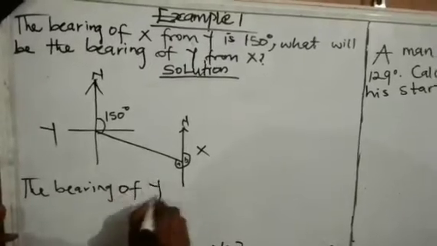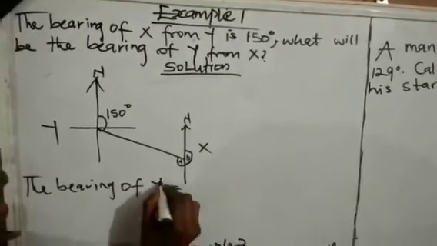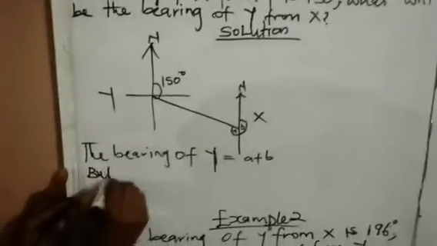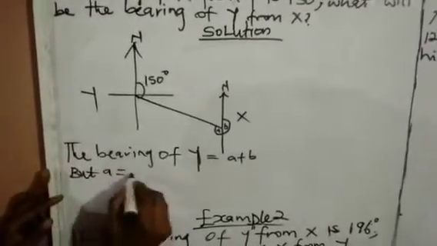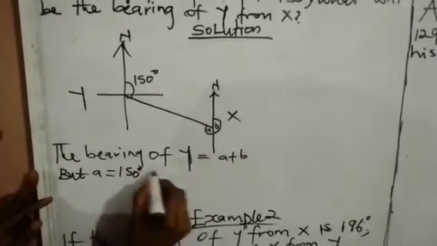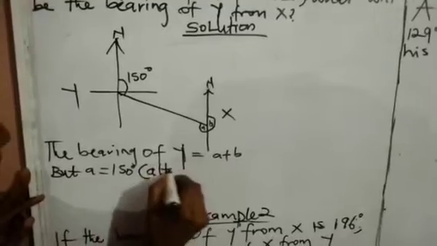The bearing of Y is equal to A plus B. But our A is equal to 150 degrees. Why? They are alternate angles.